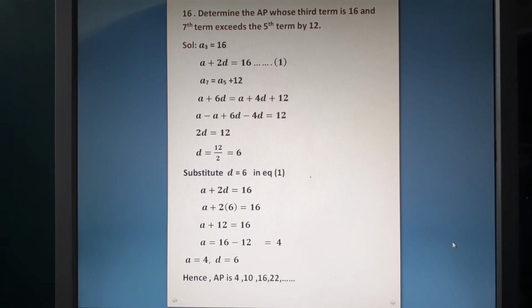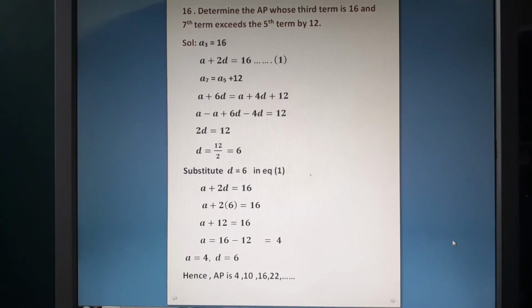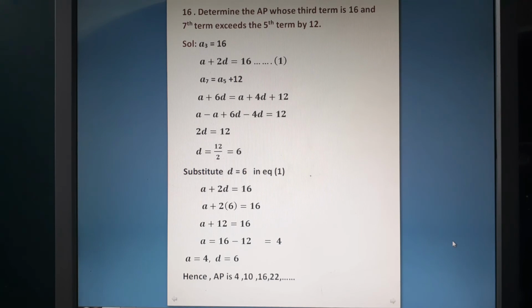Take right hand side values to left hand side. Now we get A minus A plus 6D minus 4D is equal to 12. A minus A gets cancelled. 6D minus 4D is equal to 2D, that is equal to 12. Now D is equal to 12 by 2, that is equal to 6.